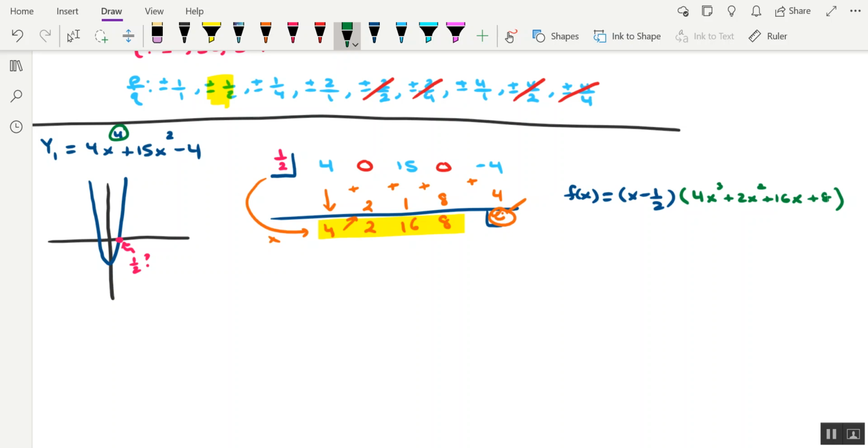Now this quotient polynomial is not quadratic, which means that we should maybe consider another round of synthetic division to break it down even further. And here's where I'm going to use -1/2, or at least check this guess in synthetic division using that quotient polynomial's coefficients, 4, 2, 16, and 8.